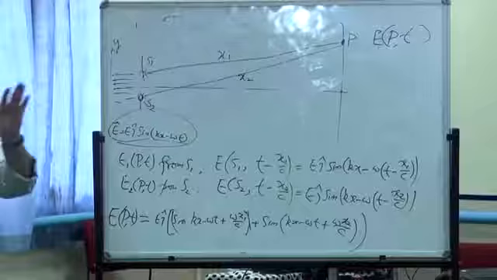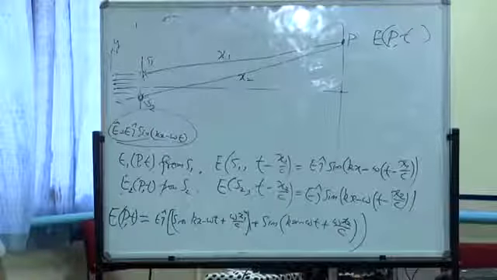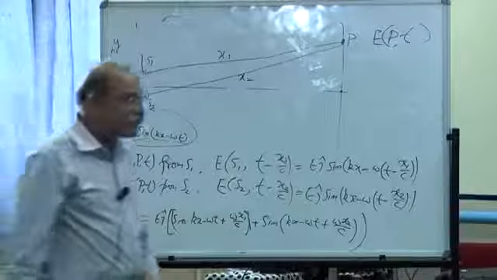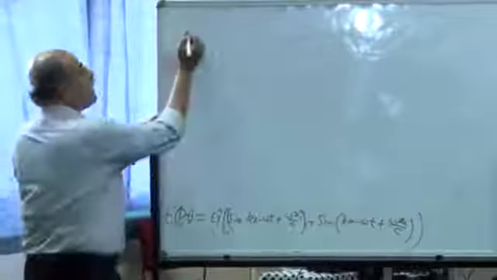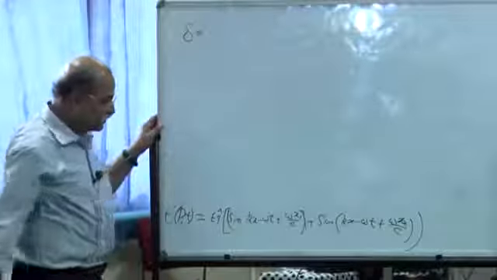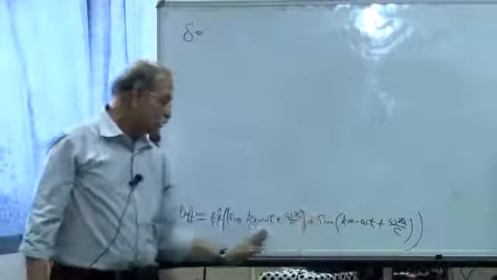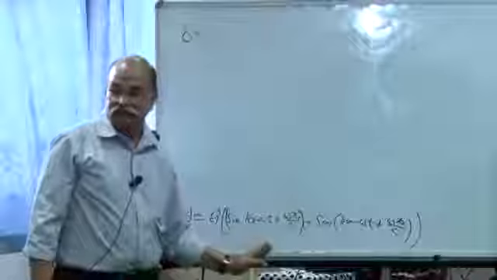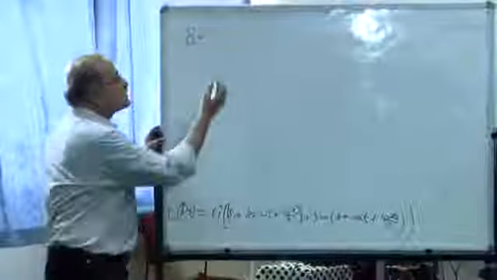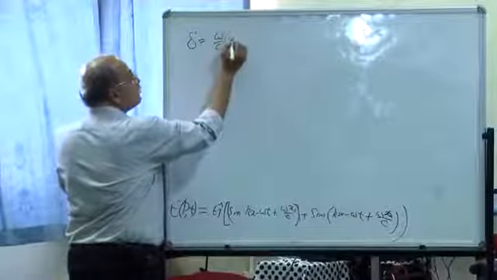Now it's a matter of trigonometry, which I am not going to do. If you do this trigonometry, what you get is the following. Define a quantity delta, which is the difference between these two angles. The difference is omega by c times x2 minus x1.